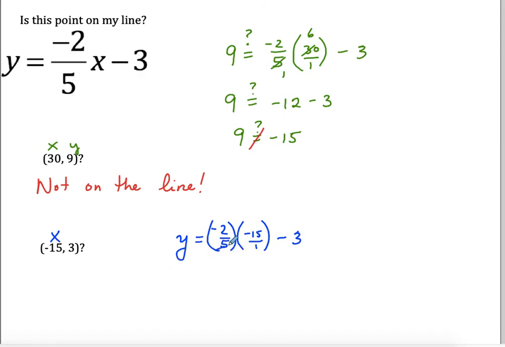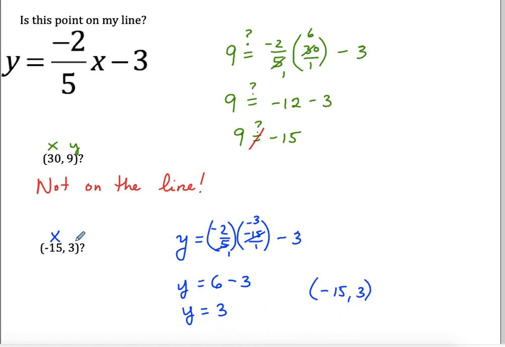Well, let's do a little canceling. That cancels down to -3, and that cancels to 1 in the denominator. So y is equal to +6 minus 3, or y is equal to 3. In other words, when I plug in -15 for x, I expect to get 3 out. So there's a point, -15, 3, on my line.